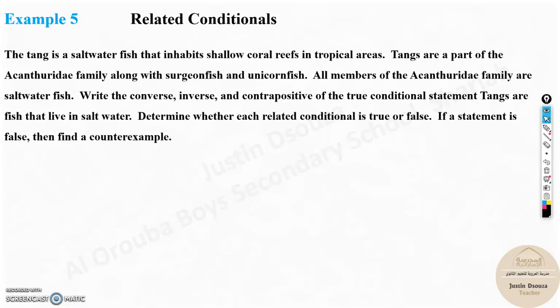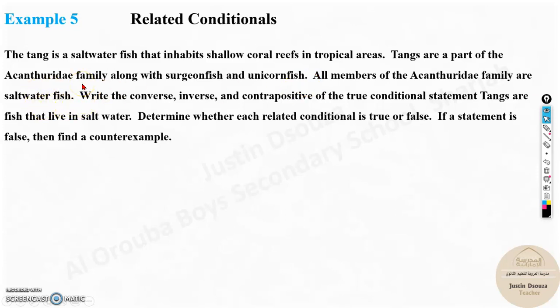Any pronunciation is fine. All members of the Acanthuridae family are saltwater fish. So over here they have mentioned in the question itself that tangs are a part of the Acanthuridae family, and the other members, sturgeon fish and unicorn fish, are all saltwater fishes.